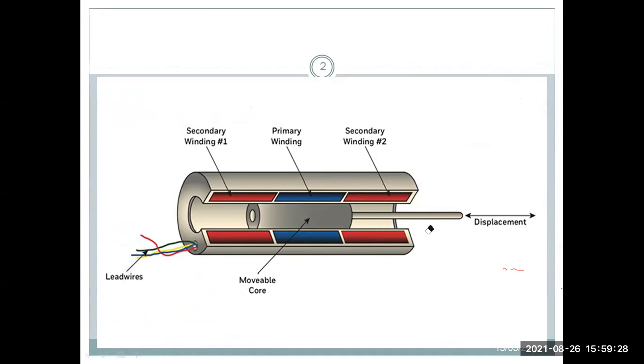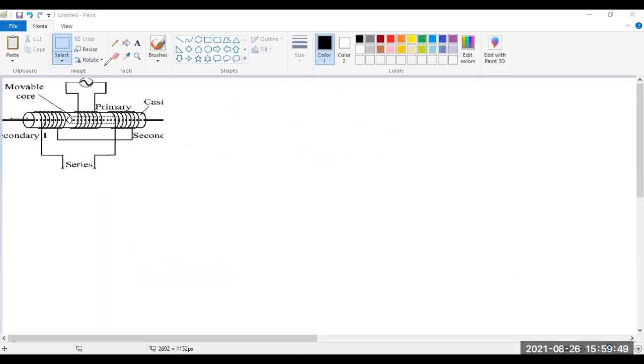This is the core, and this is the plunger displacement. Look, the construction and working principle first.